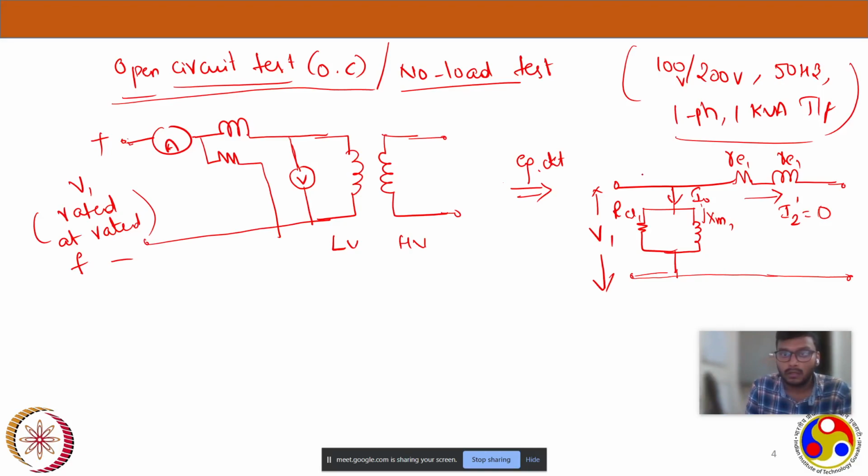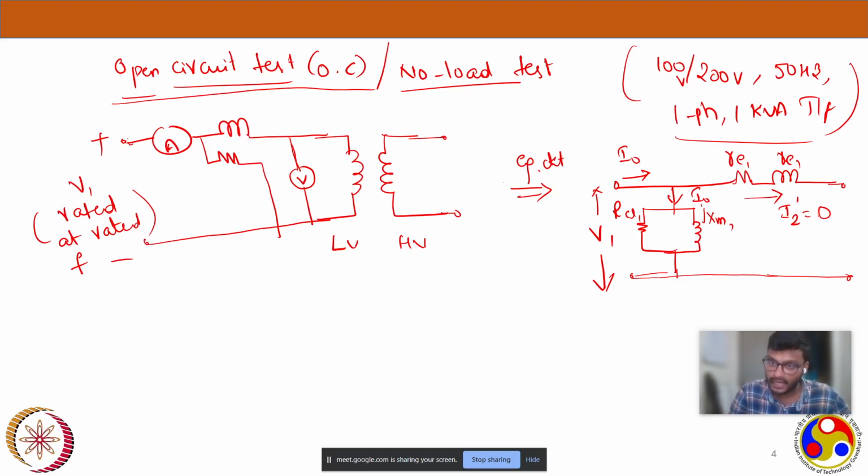Now, what we have understood from this is that in an open circuit test, whenever we open the high voltage side and we are given the supply of the rated voltage in the low voltage side, the only current that is generated will be I0, which is nothing but the current required to pass through the core loss component as well as the magnetizing branch.